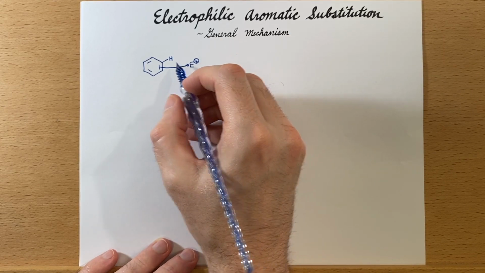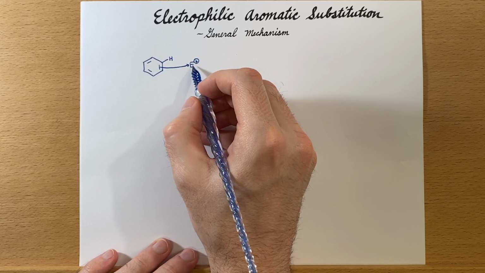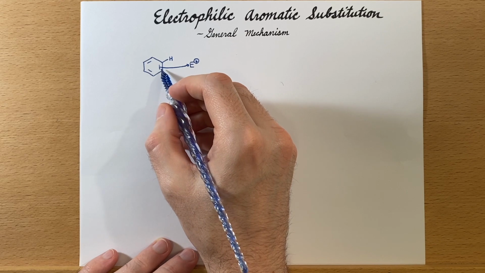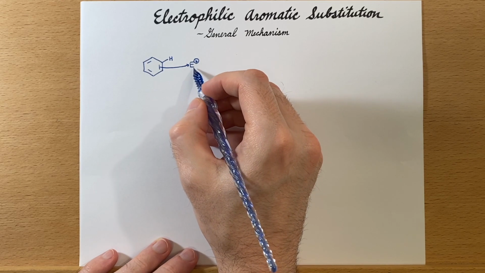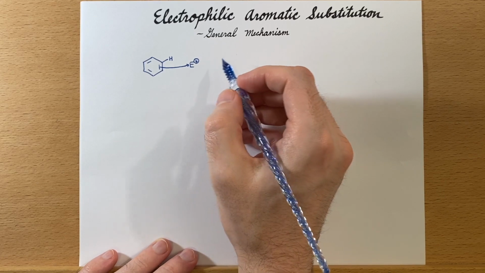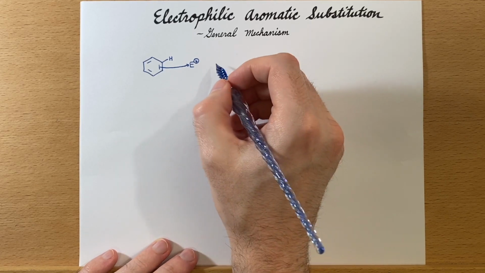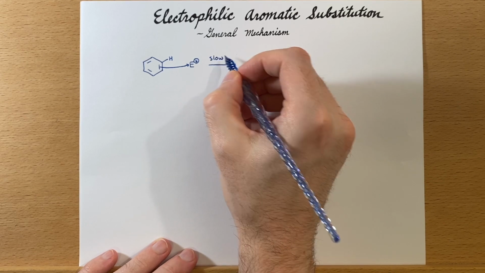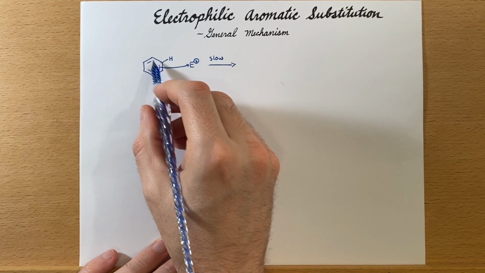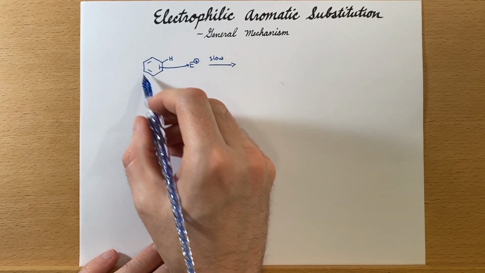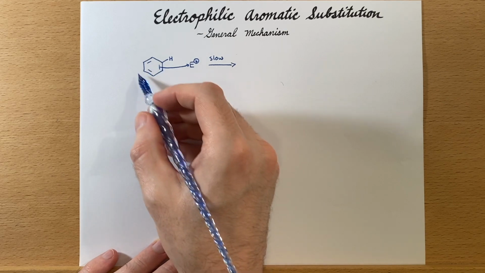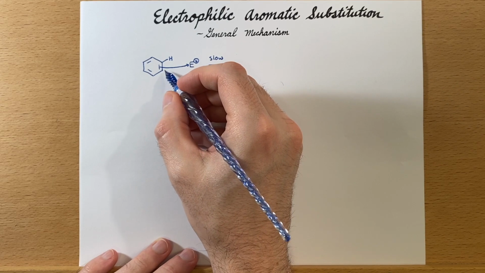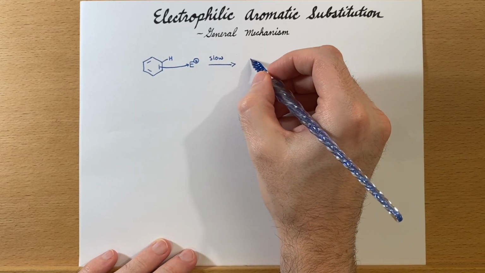And this first step, where we have electrophilic attack, so we have a concentration of electrons right here, and we have an electrophile right there. This initial step is our rate determining step. And that's because we're breaking the aromaticity, and we're also forming a carbocation right here or right there, depending on where you draw it.